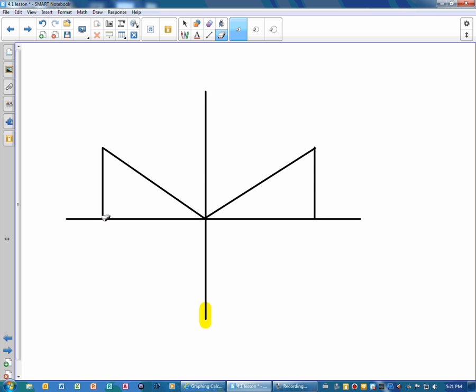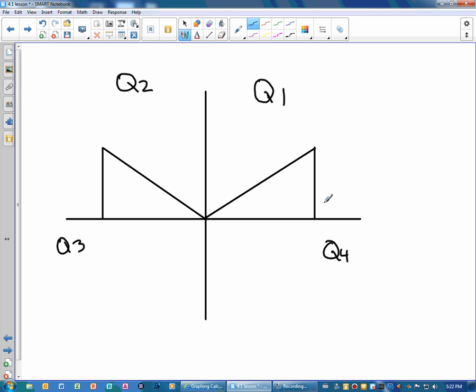In my quadrants, this is quadrant 1 and this is quadrant 2. Doesn't matter today, but this is quadrant 3 down here and this is quadrant 4, although we're not going to be talking about those two quadrants today.